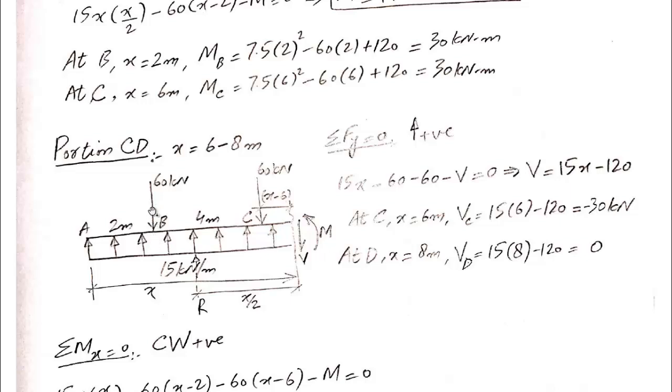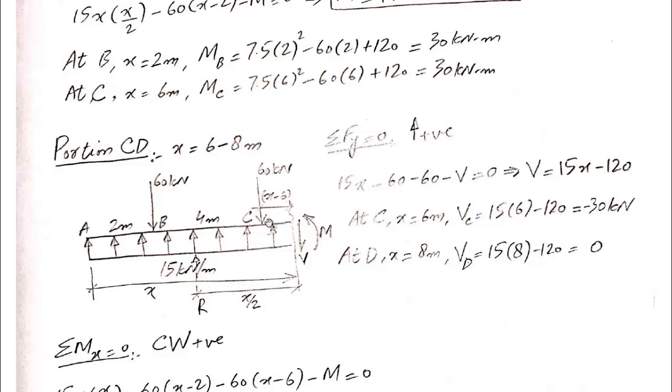And what about the distance between the 60 kilonewton force and the location of resultant? The part of the beam present on the left side of the first force is 2 meters. Total length is X. So the distance between this 60 kilonewton load and the section is X minus 2.